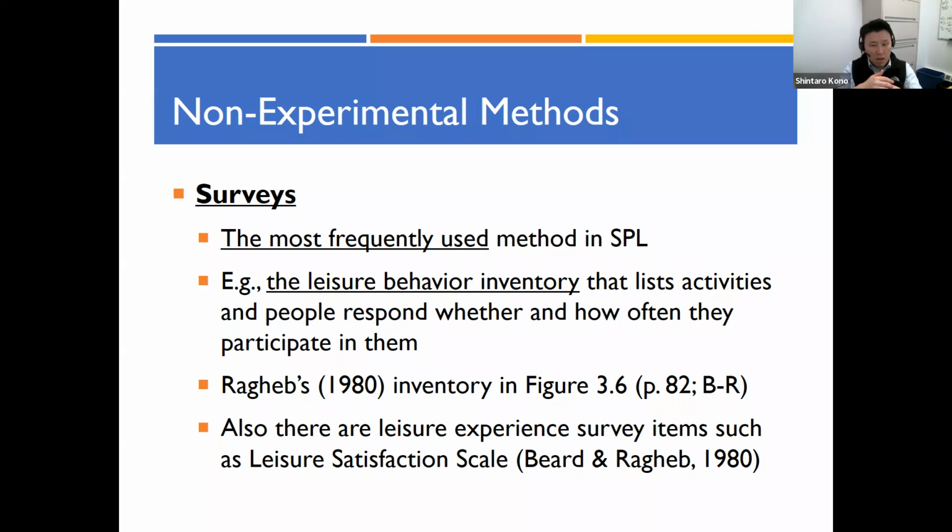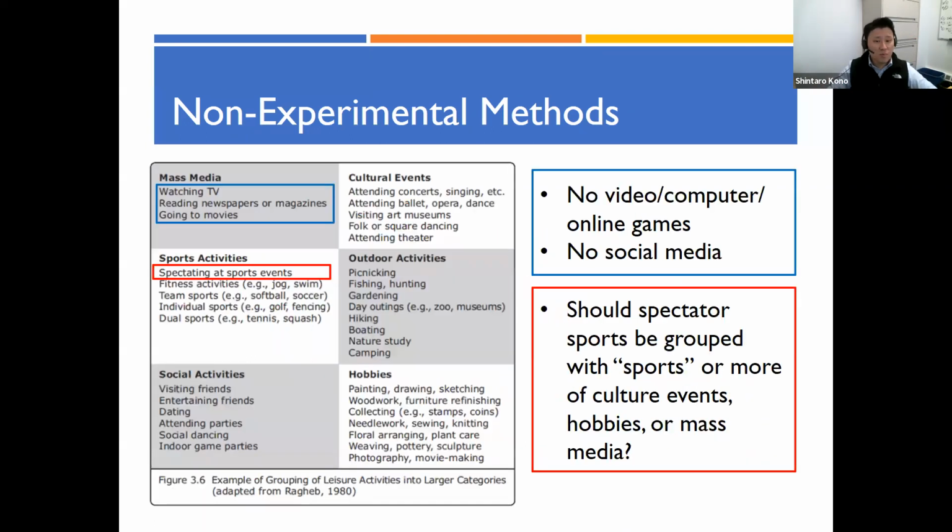You can see that on page 82 if you want. There are also survey questions about subjective aspects of leisure, such as the leisure satisfaction scale. People have to think, it's about people's cognitive evaluation of leisure life. Now here's Rahib's list again, okay? Now let's take a deeper look at it this time.